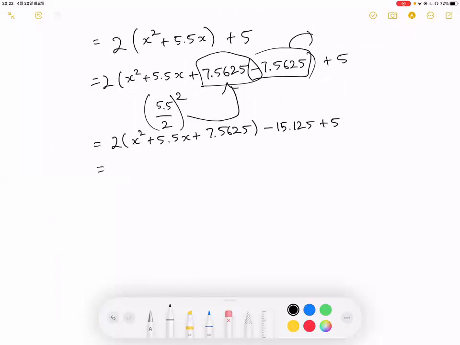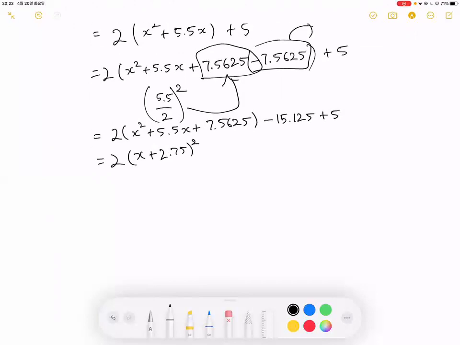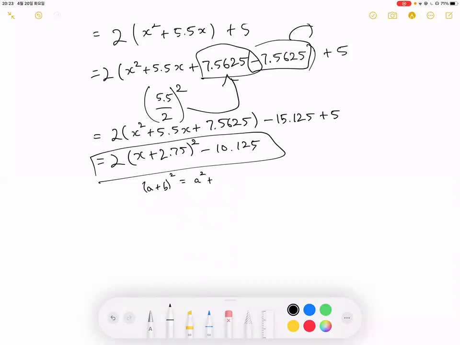And here's the magic part. Very satisfying. Watch this. Plus 2.75 squared and negative 10.125. There it is. So you basically wanted to make this. And remember how I said a plus b squared was equal to a squared plus 2ab plus b squared.